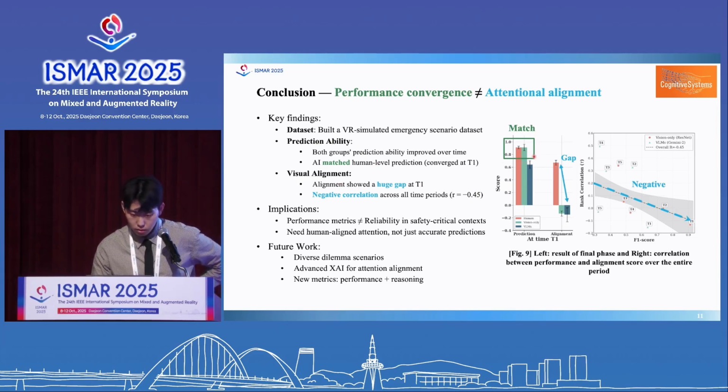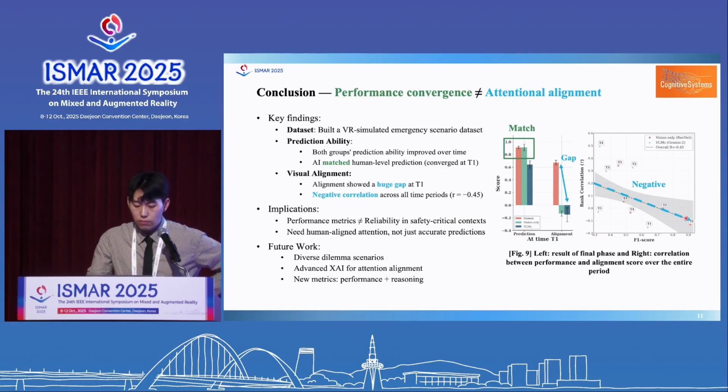You can see the best AI models matched the humans. However, their visual alignment has huge gaps. In the right figure, the x-axis is the score and the y-axis is the correlation. The correlation between the score and the alignment is negative.